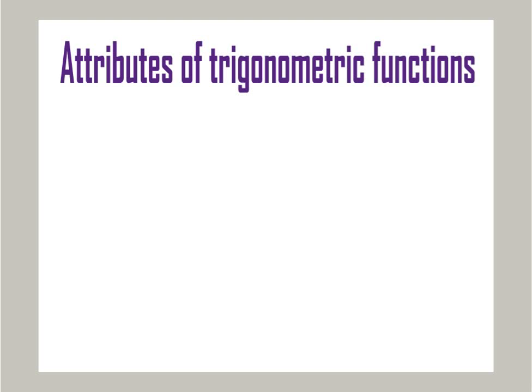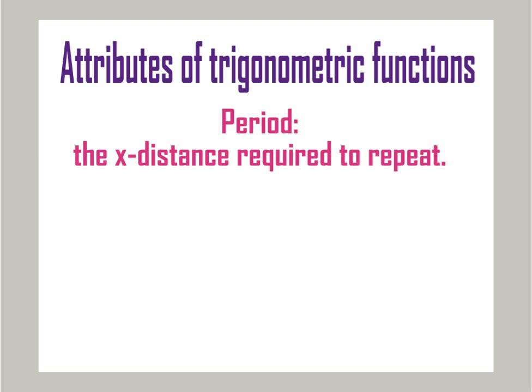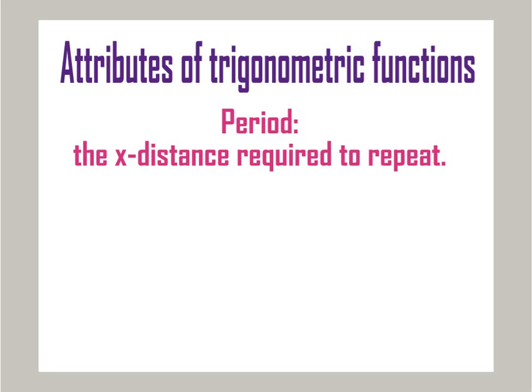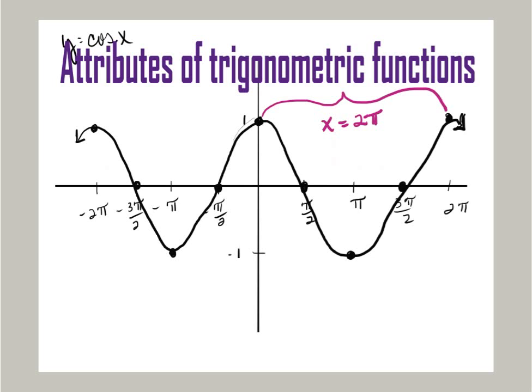The second attribute that I want to talk about with you is the amplitude. The amplitude is the y distance that is possible from the middle. So let's go back and look at our cosine again. The vertical distance from the middle.